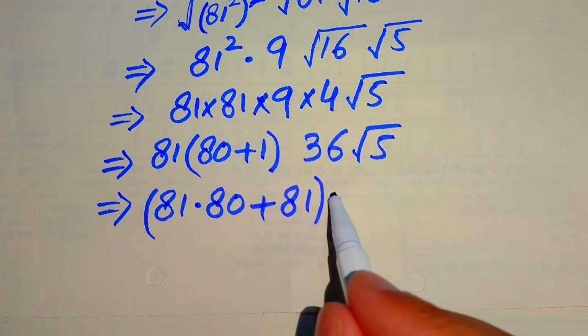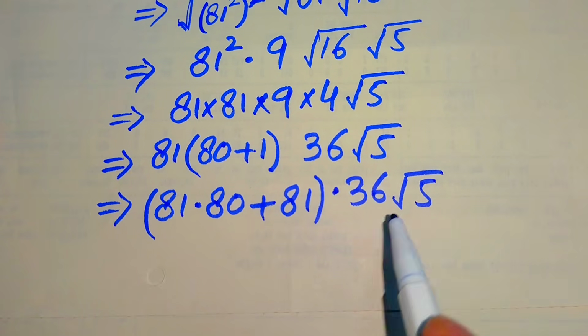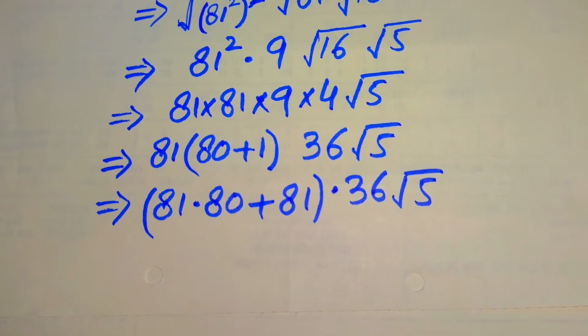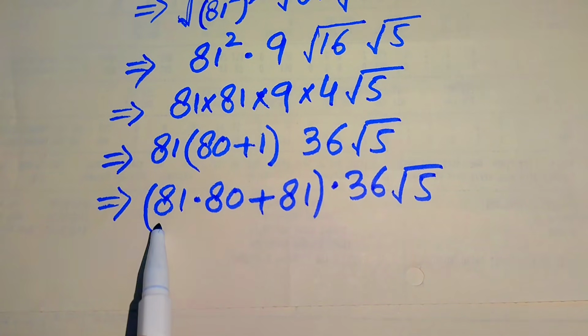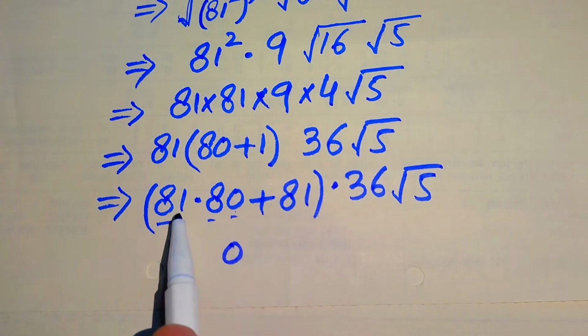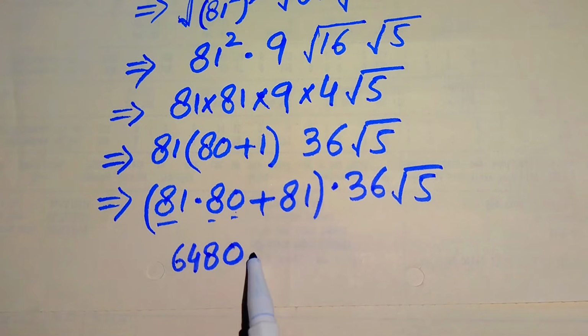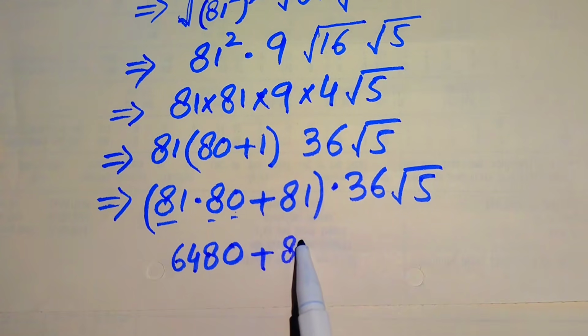First we need to simplify these terms, and the resulting answer is multiplied by this term, 36 times the square root of 5. Here we consider this as a one digit number, and this as our two digit number. So 0 times 81 becomes 0, and 8 times 81 becomes 8 ones are 8, 8 8s are 64, plus this is 81.